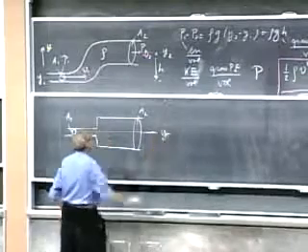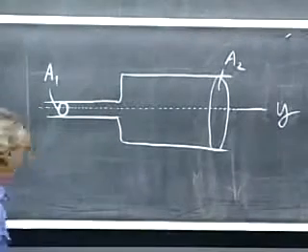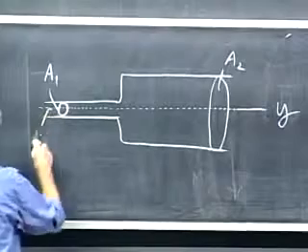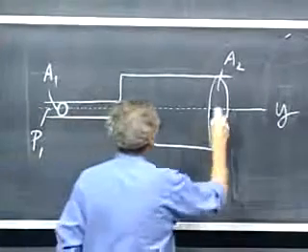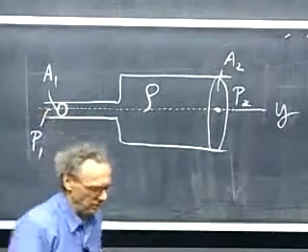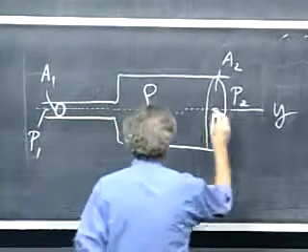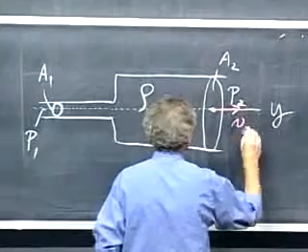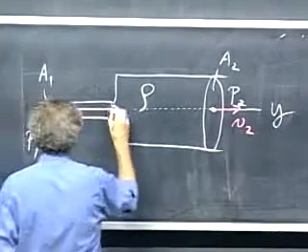This y is the same for both. I have here inside pressure P1, and here inside I have pressure P2, and this is the density of the fluid. There is here a velocity V2, and there is here a velocity V1.